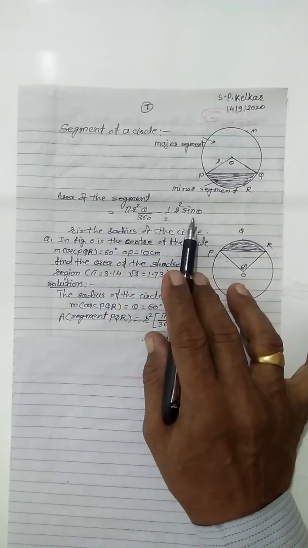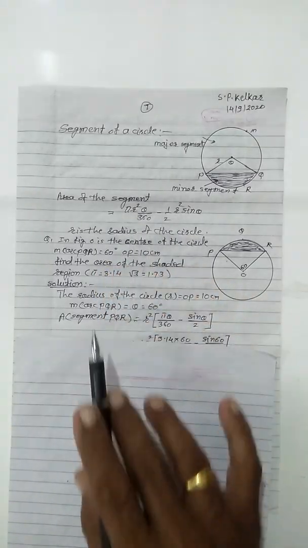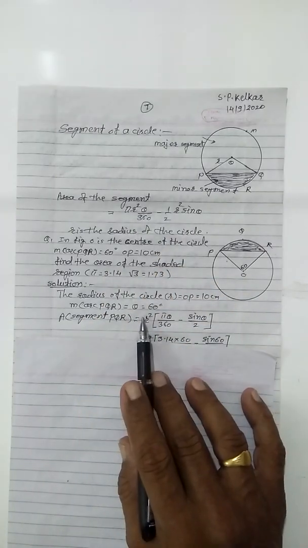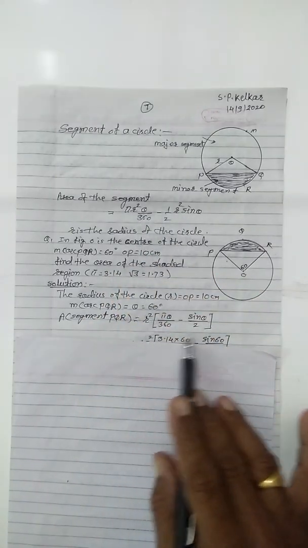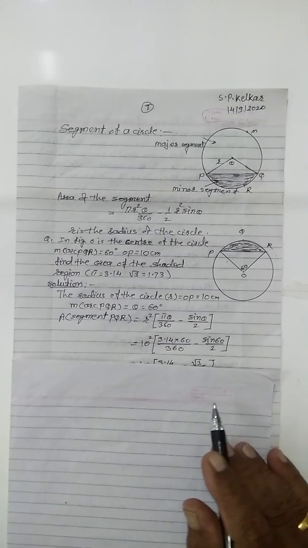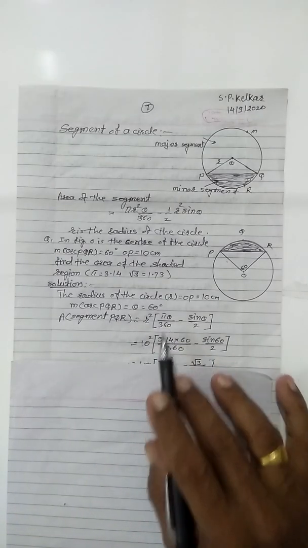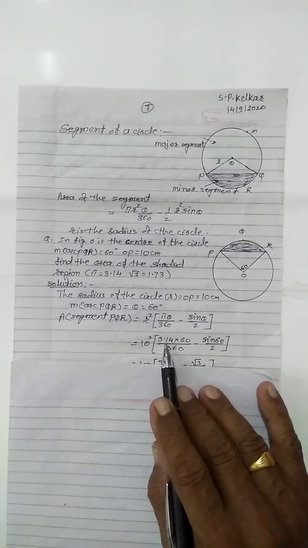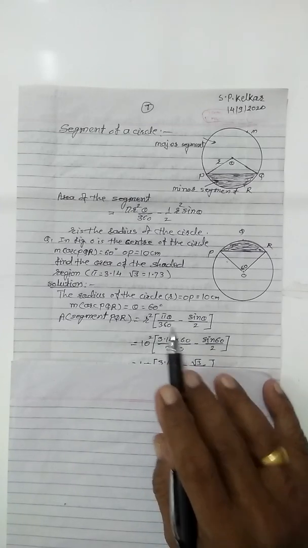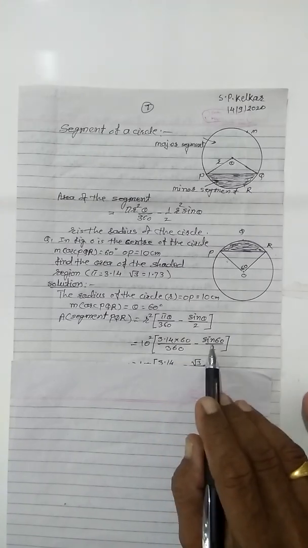See, from these two we take common r square. Then we get this formula. Then put the values. R is 10 square, pi equal to 3.14, theta equal to 60 degree upon 360 minus sine 60 upon 2.